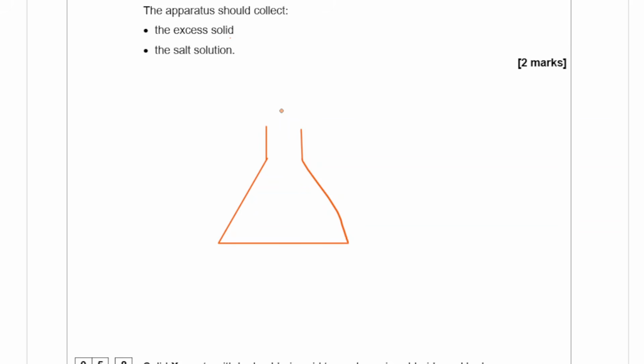And you will need a plastic funnel or a glass funnel is fine. Make it shorter. Draw this.